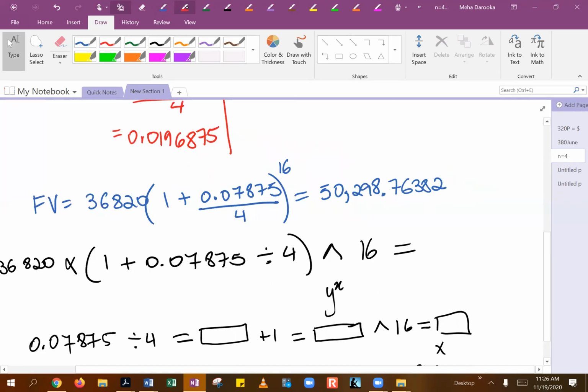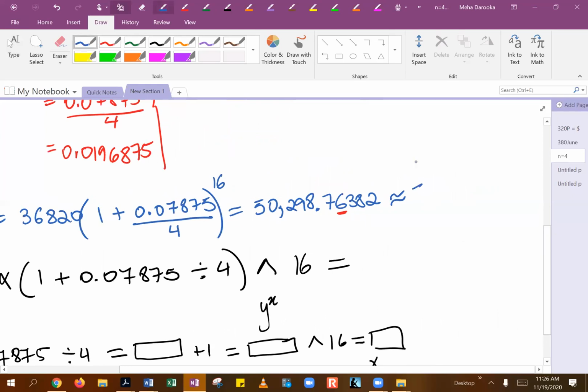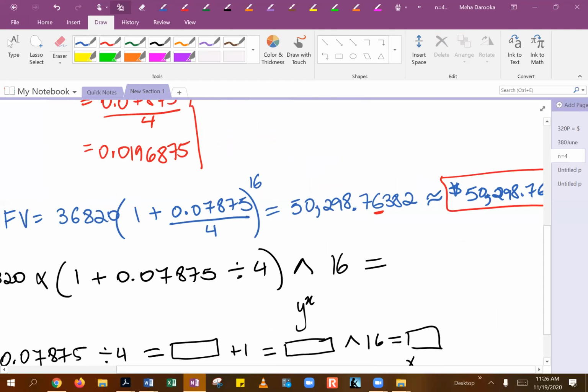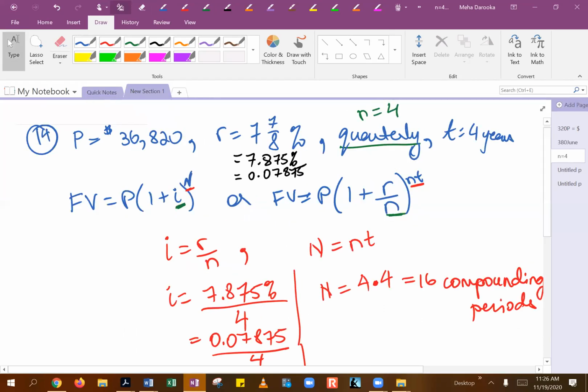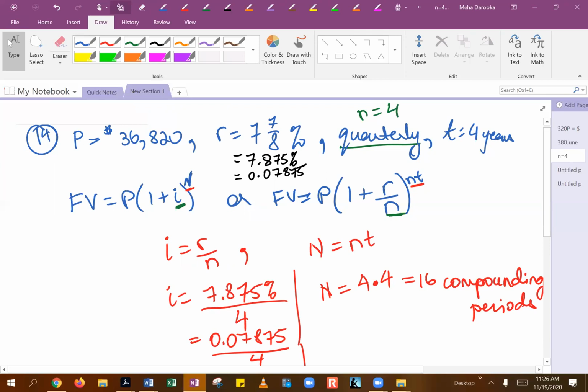So rounding it to 2 decimal places, after the 6, since you have a 3, the 3 is not going to change your number, but this guy will just round up to $50,298.76. Okay. So this was using quarterly as your compounding period.